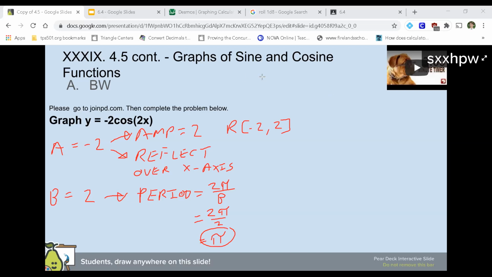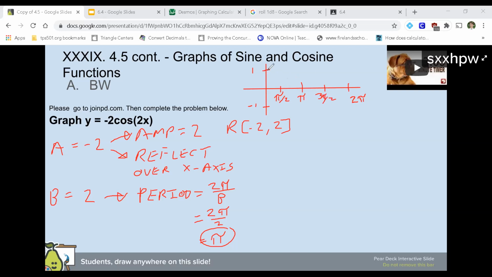You don't need to write this part down, but this is what the basic cosine graph looks like. A basic cosine graph goes from 0 to 2 pi, and it has critical points at pi over 2, pi, and 3 pi over 2.